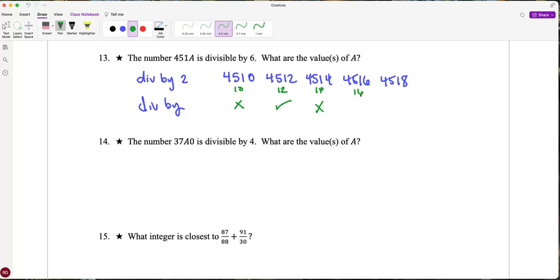That's not divisible by 3. And then 9 plus 9, these numbers add to 18. That is divisible by 3. So if I did that right, the only ones that work would be this one and this one. So that means A is 2 or 8.